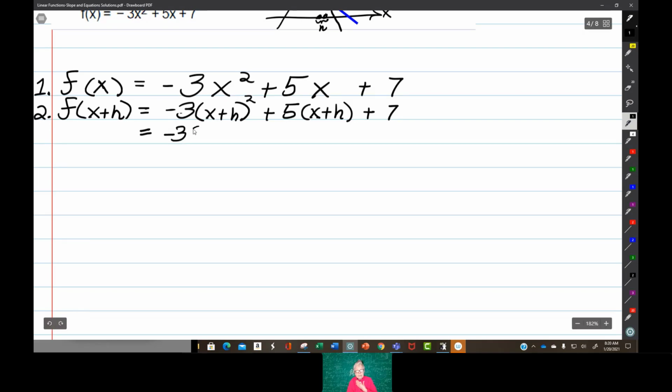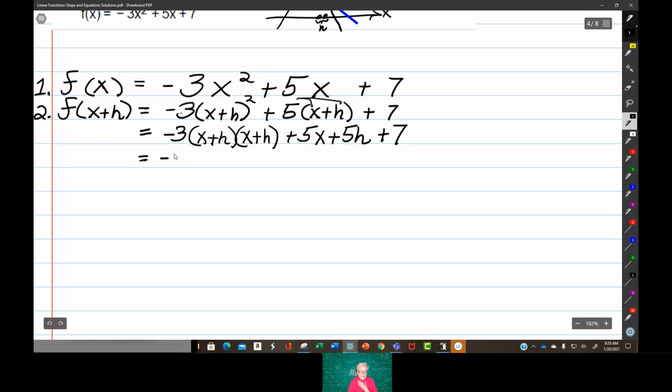Negative 3 times x plus h times x plus h. Okay, now I can distribute the plus 5. So plus 5x plus 5h plus 7.